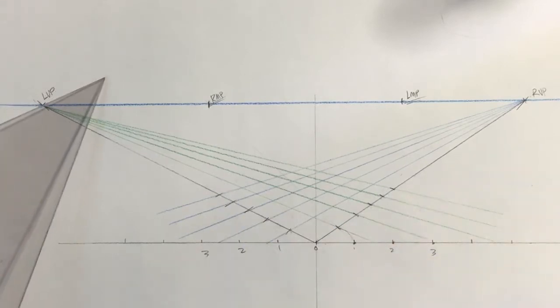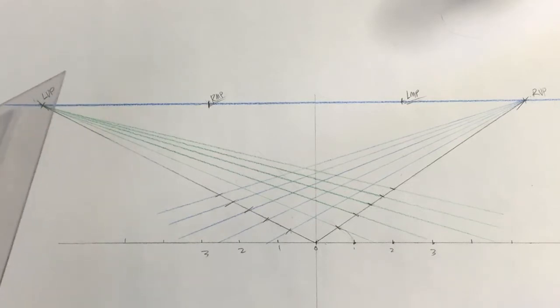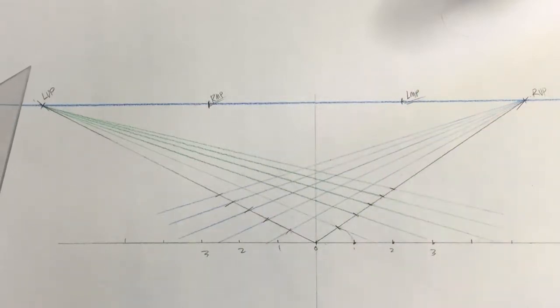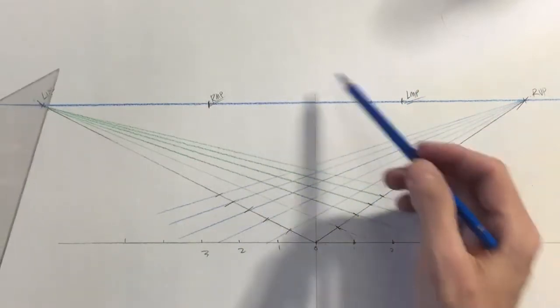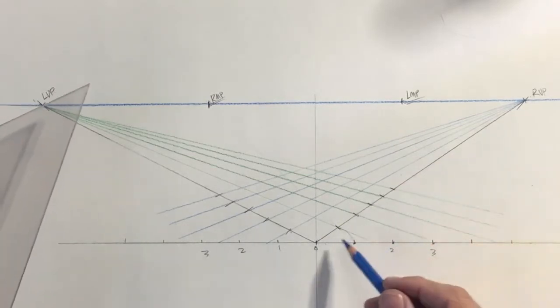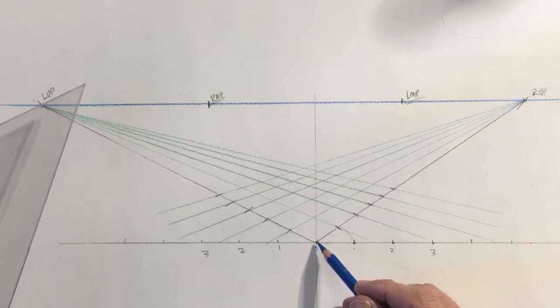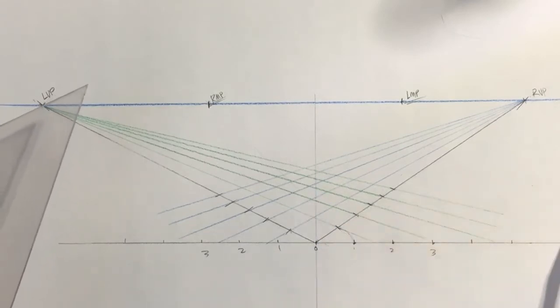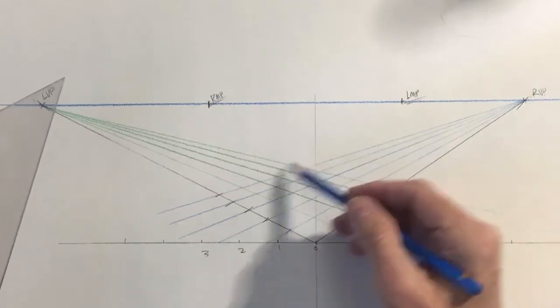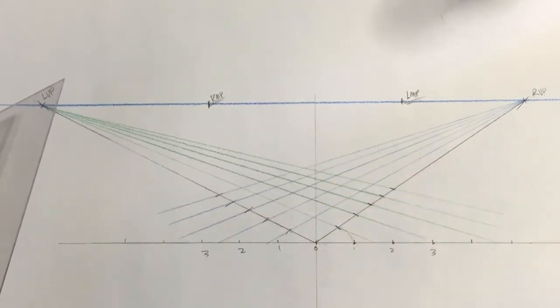Now remember why we're doing measuring points. This is as opposed to our diagonal measuring point. Remember, our diagonal measuring point was somewhere in that area right there. And I can certainly have created this grid using my diagonal measuring point. But the reason why we're doing this is because, once again, we're trying to find the height as it relates to the width. So we're trying to find the height of this square as it relates to this ground plane surface.